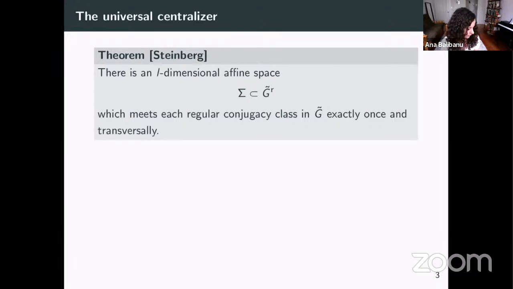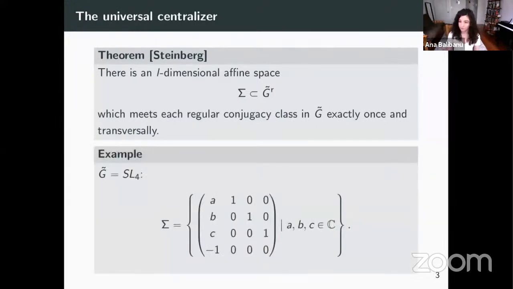And I won't give the definition of what the slice is in full generality, but I will give one example. In SL_4, the slice consists of matrices that have arbitrary entries in the first column up until the last entry, which is a power of -1, and then ones on the first upper diagonal and zeros everywhere else.